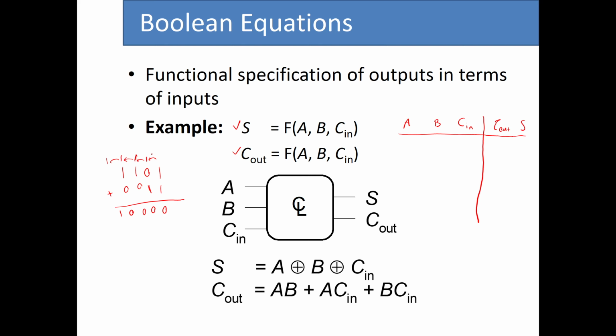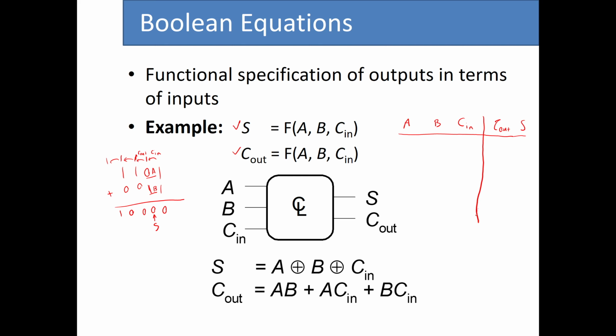Here we have the carry in from the previous stage, we have bit A, and then we have bit B, and then we calculate the summation, and then we calculate the C out that goes to the next stage. So this circuit is trying to find out the functional specification of this 1-bit full adder.